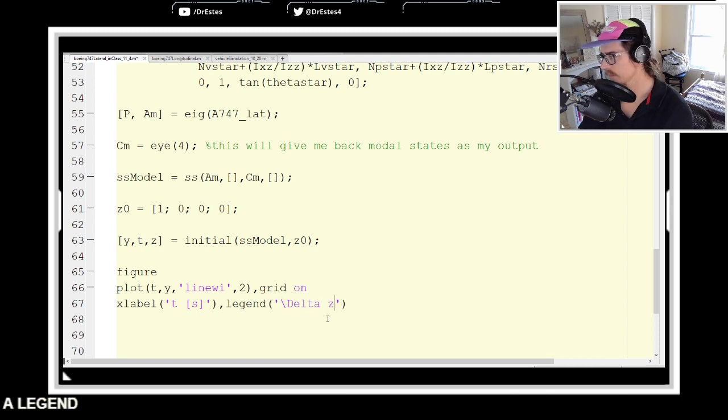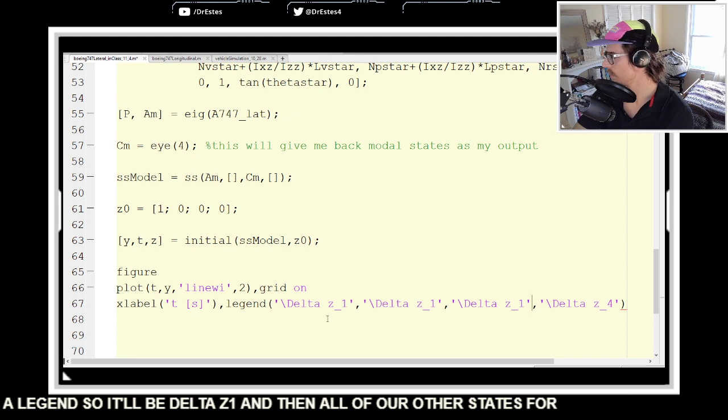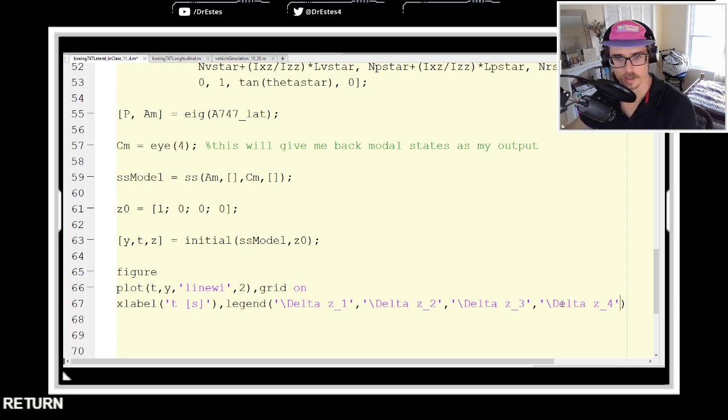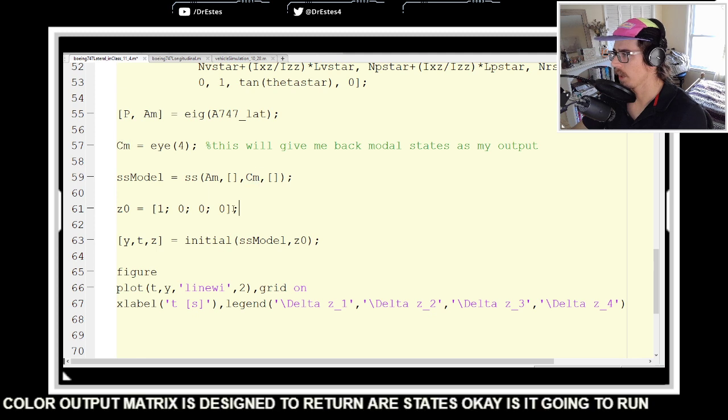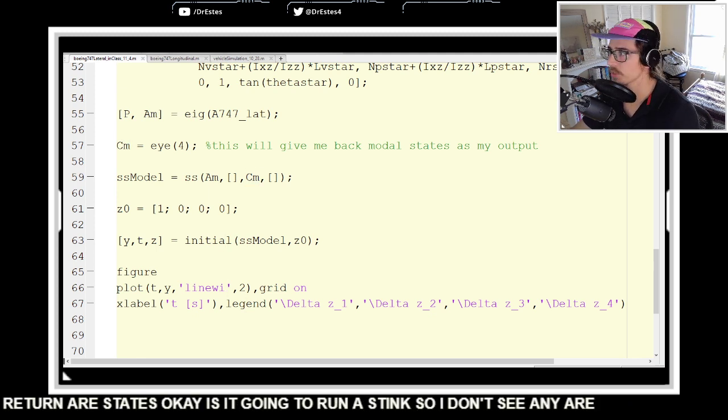So it'll be delta Z1, and then all of our other states. 4, 3, 2. Because our output matrix is designed to return our states. Okay. Is this going to run? I think so. I don't see any errors. So I'm going to run this, and it should give me a plot.